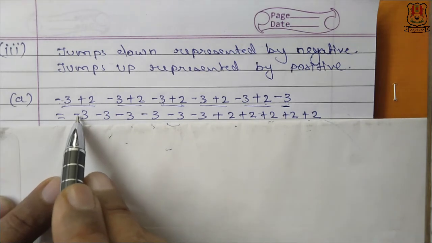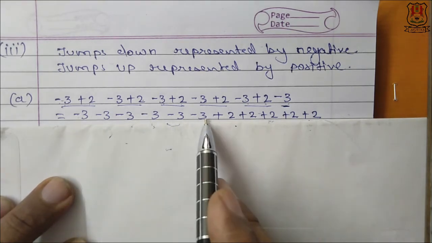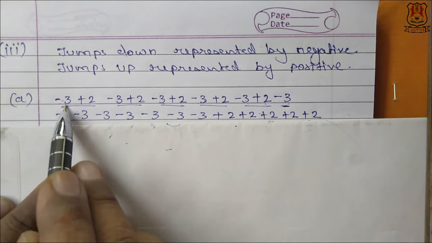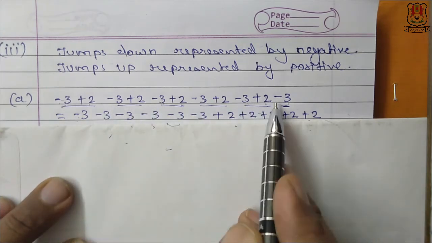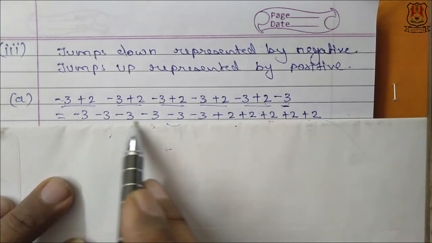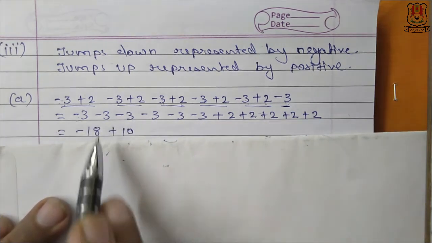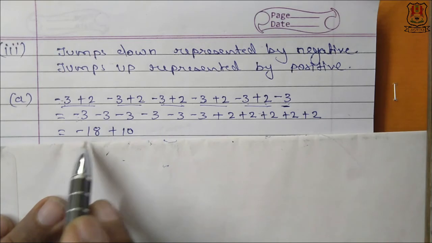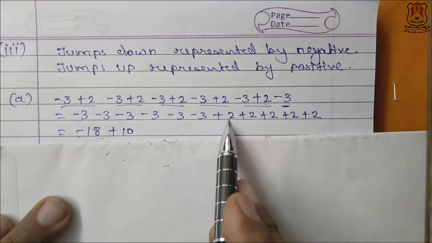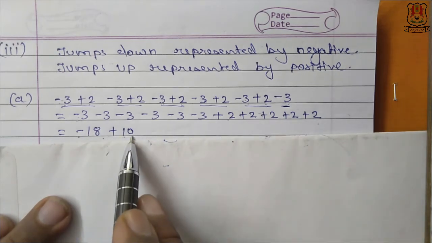Now all the negative numbers are grouped: -3, -3, -3, -3, -3 and this -3, all I have written over here, and +2, +2, +2, +2, +2. If we add all the -3s, we get -18, and if we add all the +2s, we get +10.